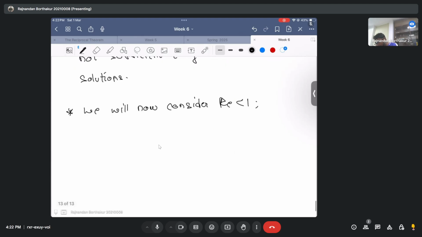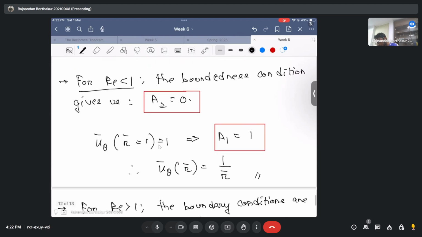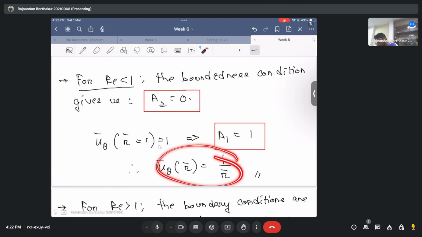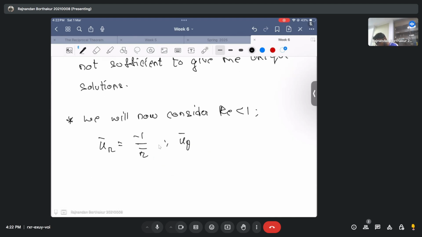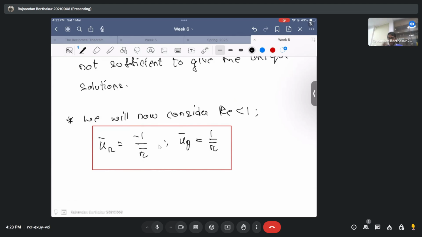If my Reynolds number is less than 1, I exactly know that my U_R bar is just minus 1 by R bar, and U theta bar, as we just calculated, is just 1 by R bar. That's it. So we have obtained uniquely the form of the velocity profiles in the limiting case when Reynolds number is less than 1, analytically, of course.